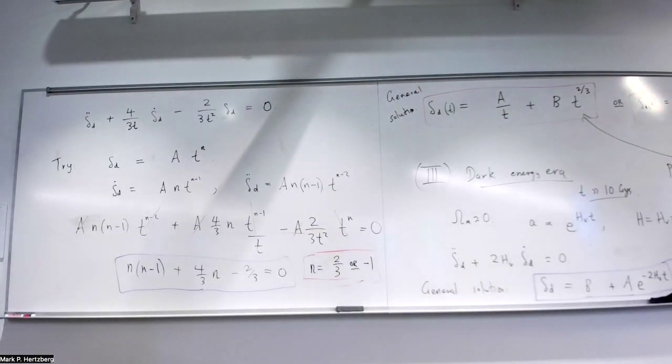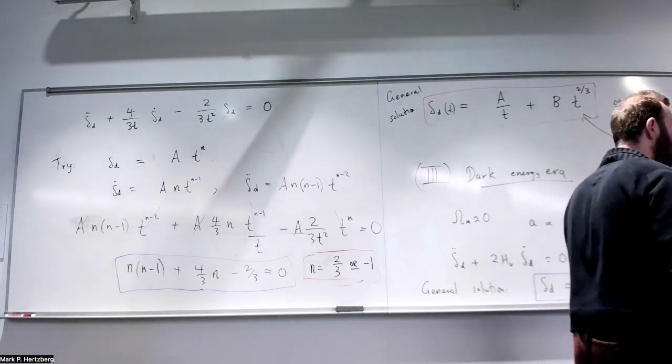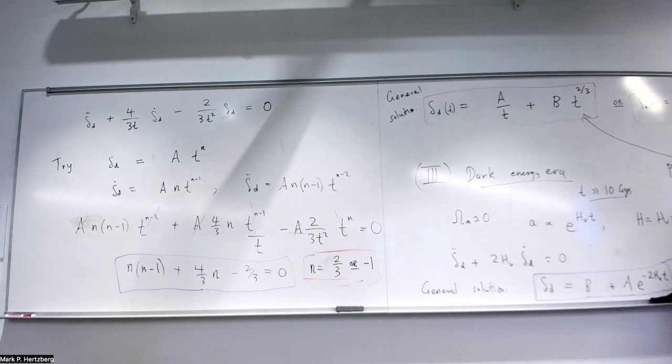Let me write this in another way. I always like writing things so that the constant of proportionality is manifestly true. I can write this as delta_k of t is delta_k at some initial time times D plus of t over D plus of t initial. This D is called the growth function.